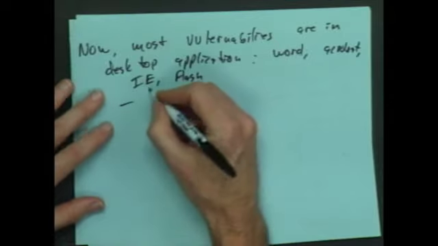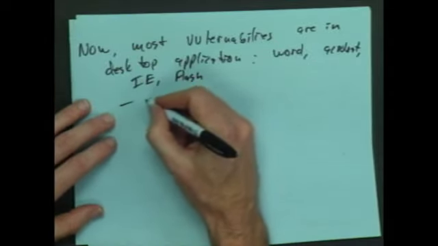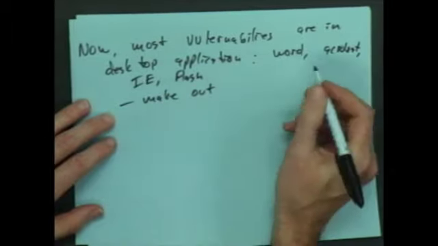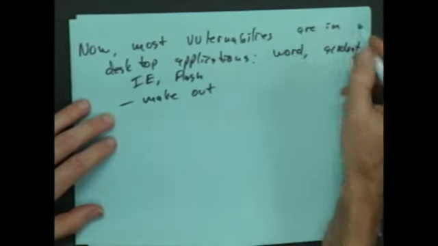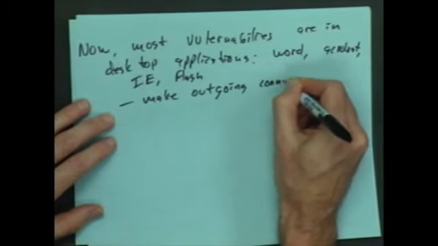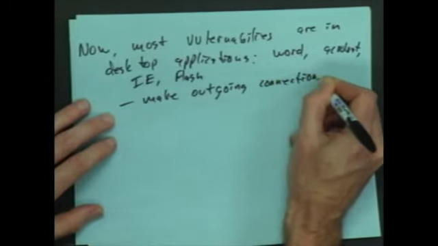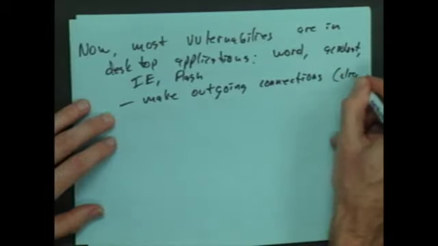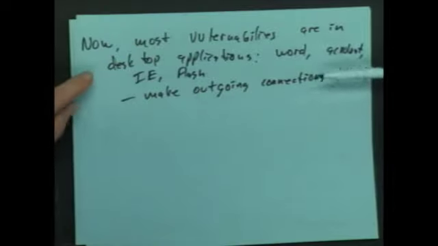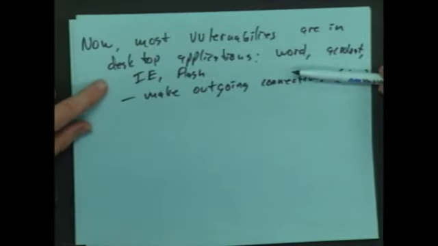What those are is they make outgoing connections. That is, they're a client, okay? And so most vulnerabilities now, what people do with these is they're going to hack your personal computer sitting on your desk, okay?